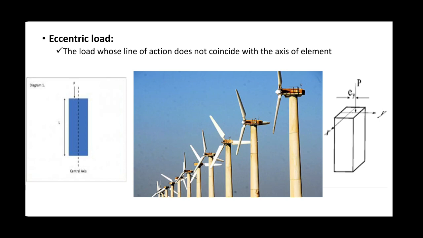So see the vertical supporting column: that column supports the rotor, and that rotor holds the blades. See the weight of the blades and the position of the blades: there is some distance in between the blades and the supporting column of that windmill.